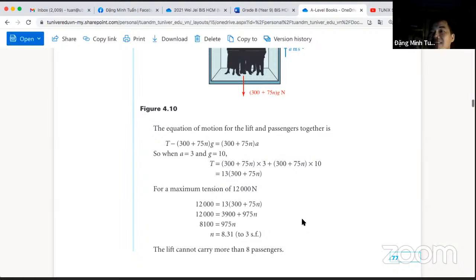Scientifically you write the total weight, but in real life people don't care about this, they care only about the number of people.